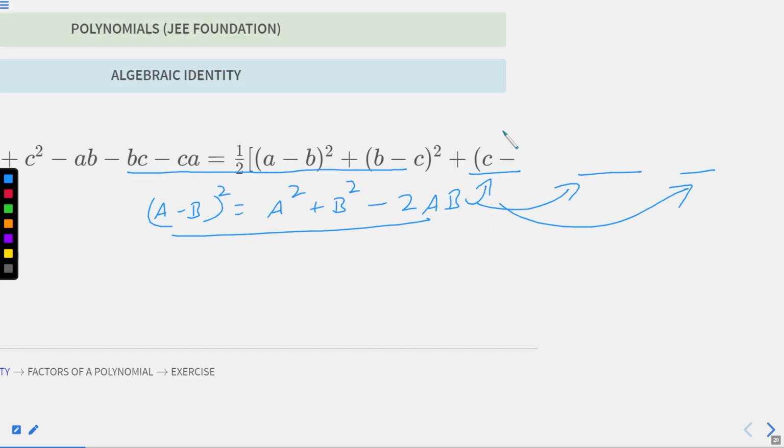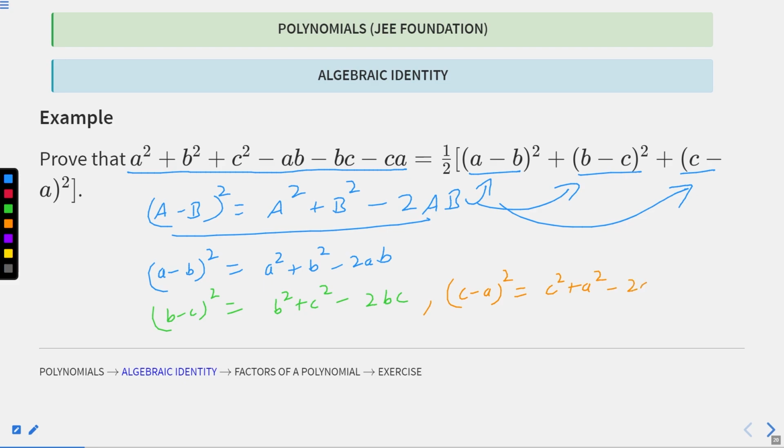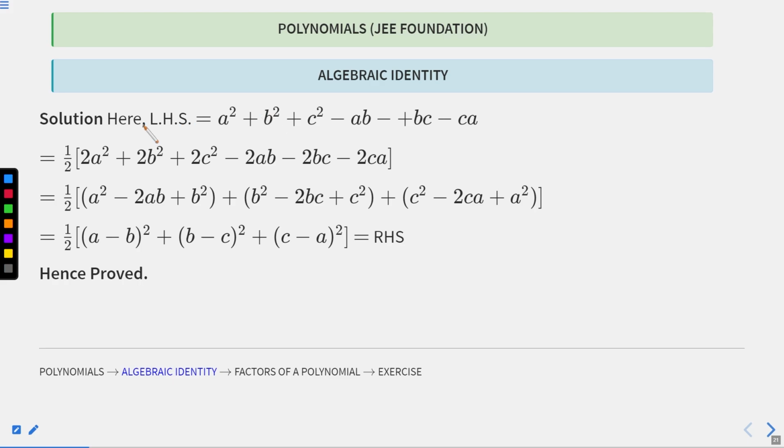Because (a minus b) whole square is equal to a square plus b square minus 2ab, and (b minus c) whole square is equal to b square plus c square minus 2bc, and (c minus a) whole square will give me c square plus a square minus 2ac. So by putting these values in place of these, you will get your terms like these.